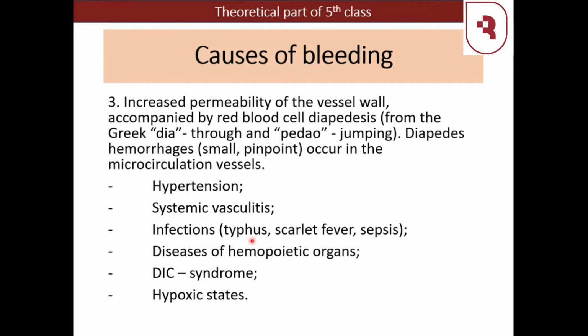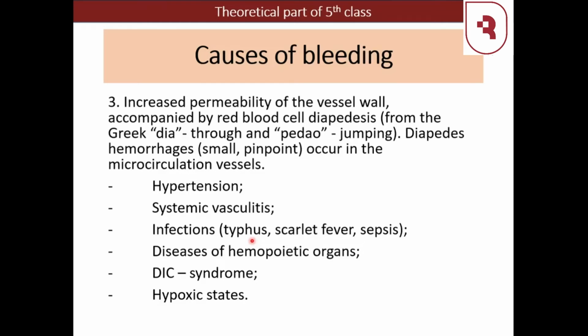And the third cause is increased permeability of the vessel wall, and here we will see diapedesis. Diapedesis will be associated with dramatically increased vascular permeability, and it is associated with small pointed accumulations of blood in the organs.